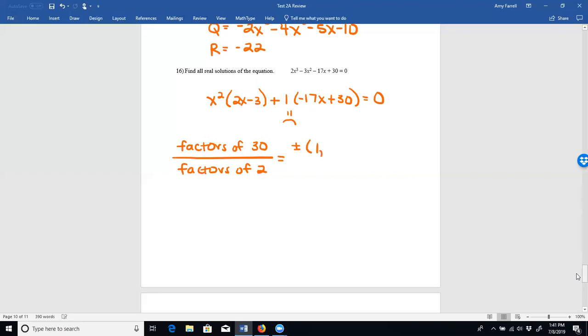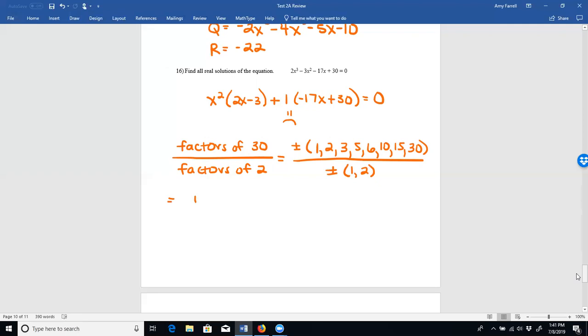So plus or minus 1, 2, 3, 5, 6, 10, 15, and 30. Factors of 2, plus or minus 1 and 2.